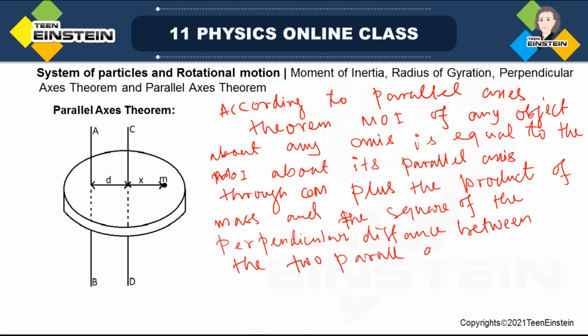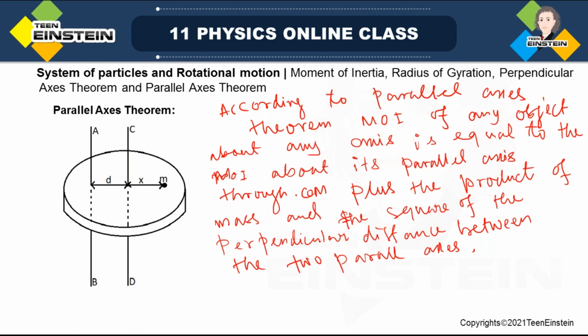Okay. So the moment of inertia about a parallel axis through its center of mass plus the product of the mass of the body and the square of the perpendicular distance between the two parallel axes.